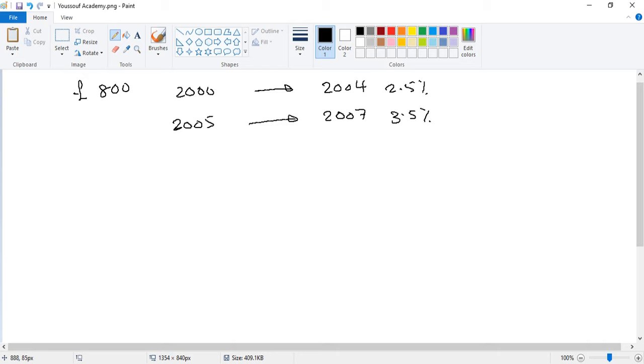So how much money will it be at the end of 2007?